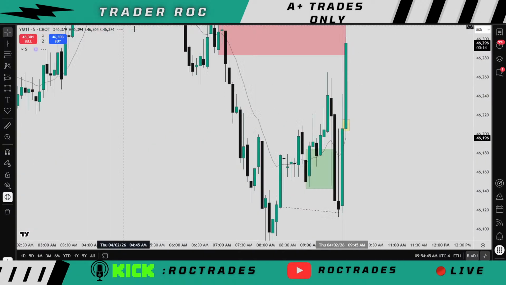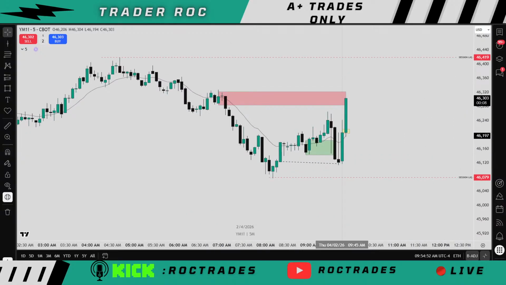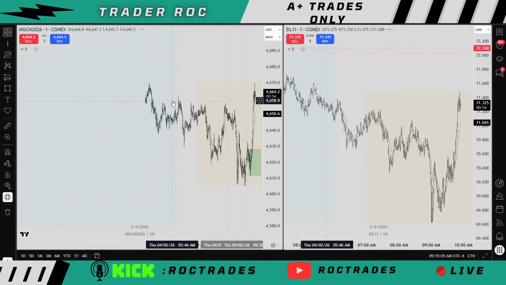But realistically, this is a little bit too fast for me. So that would tell me to get ready for the shorts, ideally. Only thing is, I think London High should get hit by every one of these assets here.